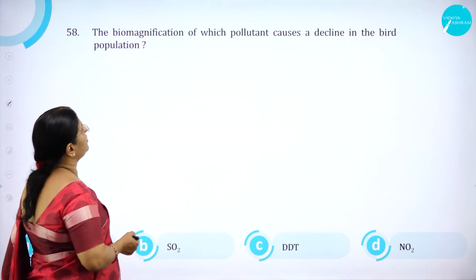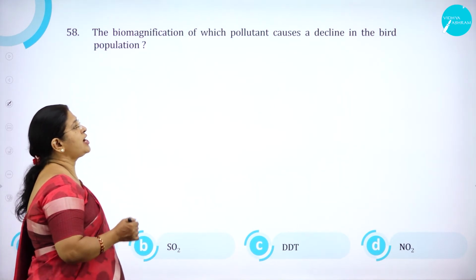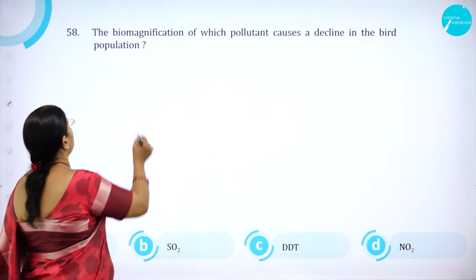The biomagnification of which pollutant causes a decline in the bird population?